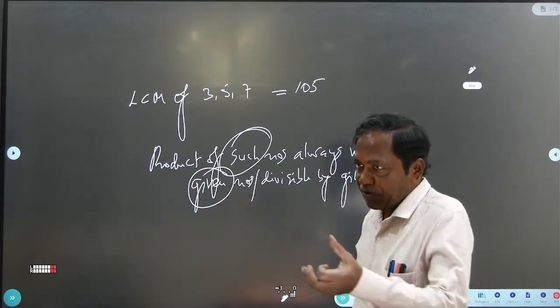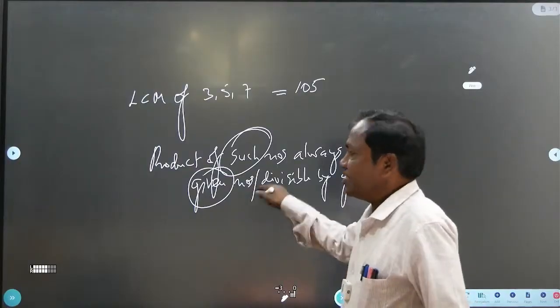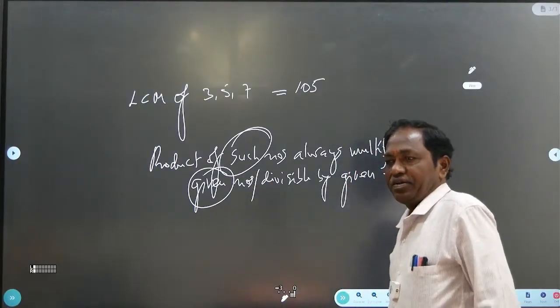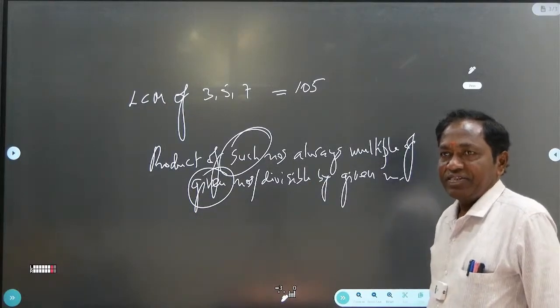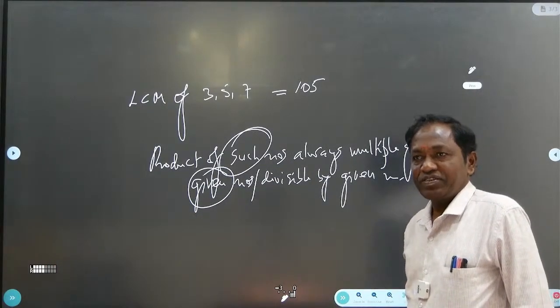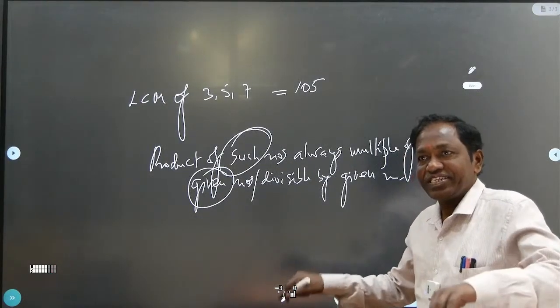That is a property, that statement. You can write this statement, put a rectangular box around it, and keep it. It's like a property. We need these things.